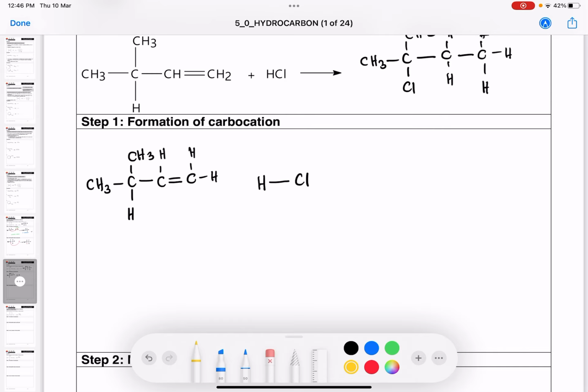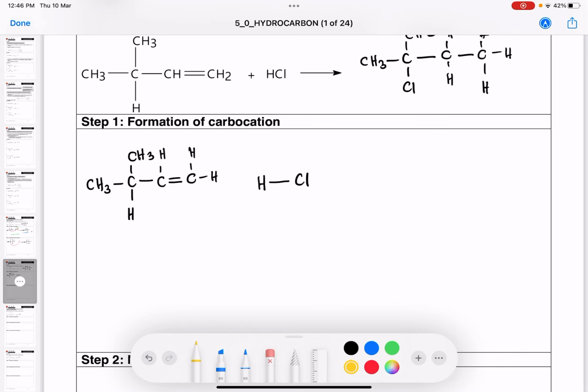So let's proceed to step 2, which is the nucleophile attack. So we have our carbocation here, and we also have our Cl. Now let's write the Cl with something red.